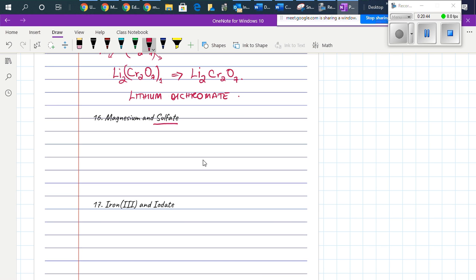Okay, don't mix it up with sulfur or anything like that. Okay, it's sulfate. So magnesium is 2 plus. Sulfate on the table of common polyatomic ions will be SO4 2 minus. Switching the places will be MgSO4, and the name will be magnesium sulfate.